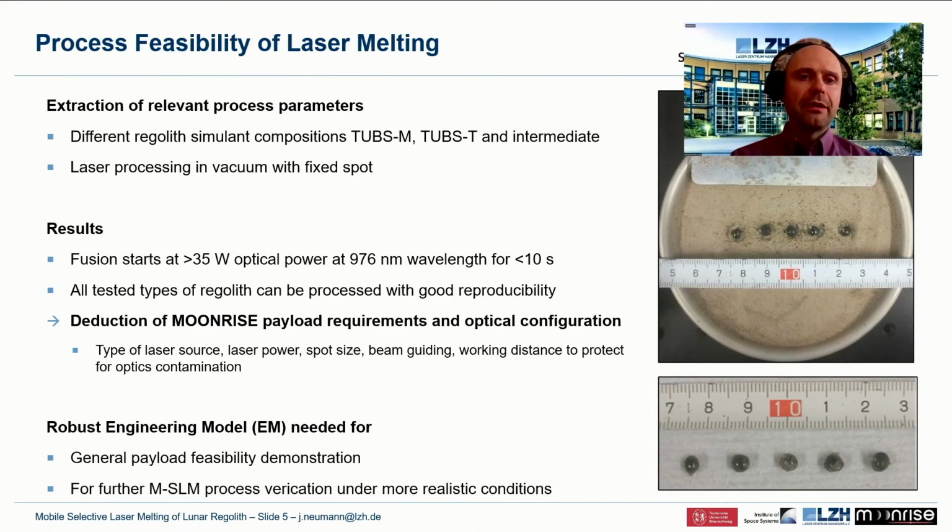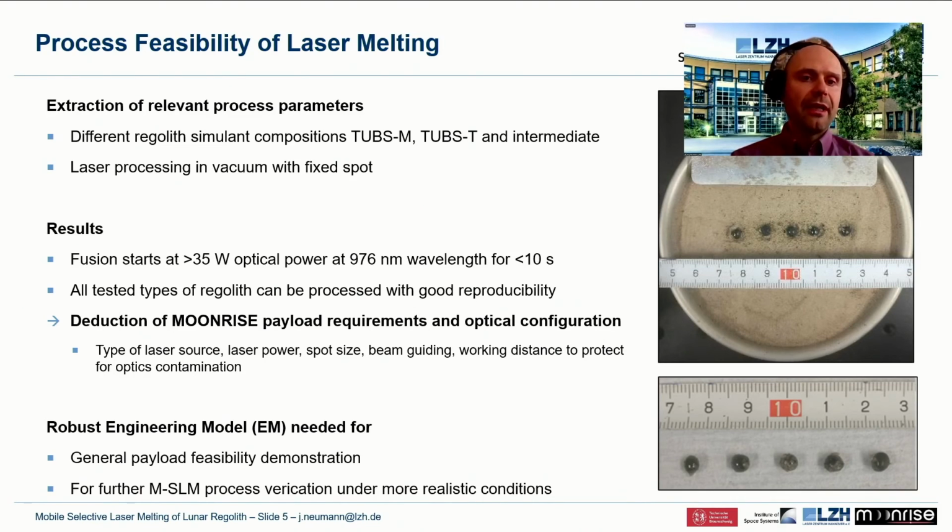Then we went further to check for the process feasibility. We had a lab setup. We tried different simulant compositions, TUBS-M, TUBS-T, and also intermediate, and we processed them with a laser in vacuum with a fixed spot, and then you create these pearls, which can be seen on the right side, with about 3 millimeters in diameter.